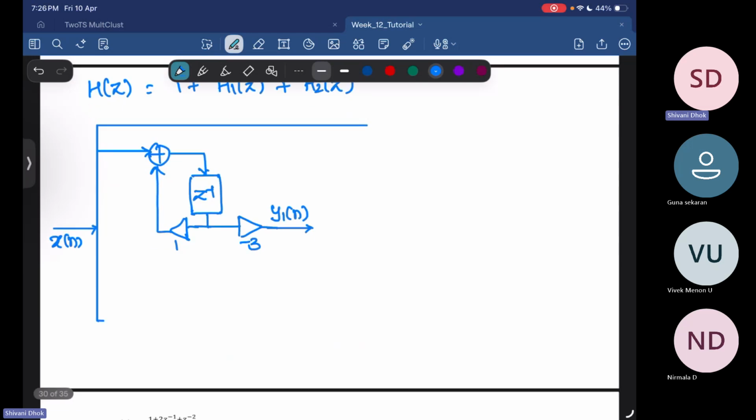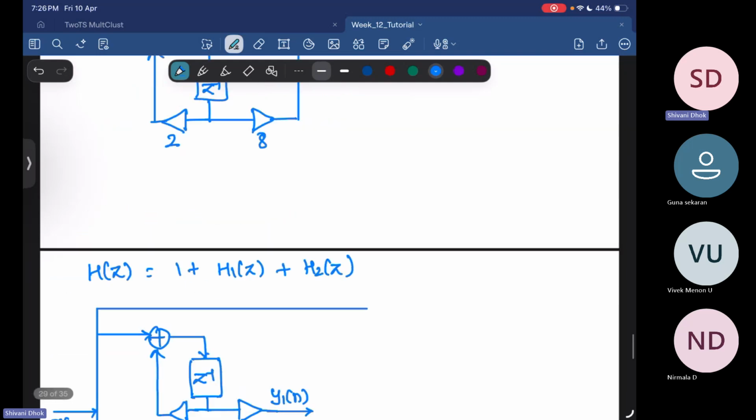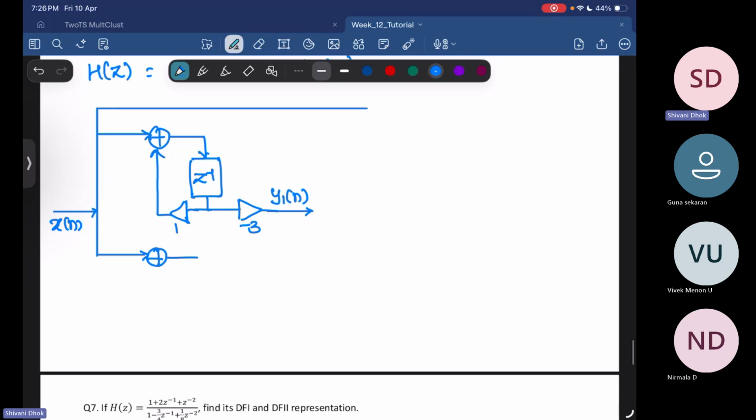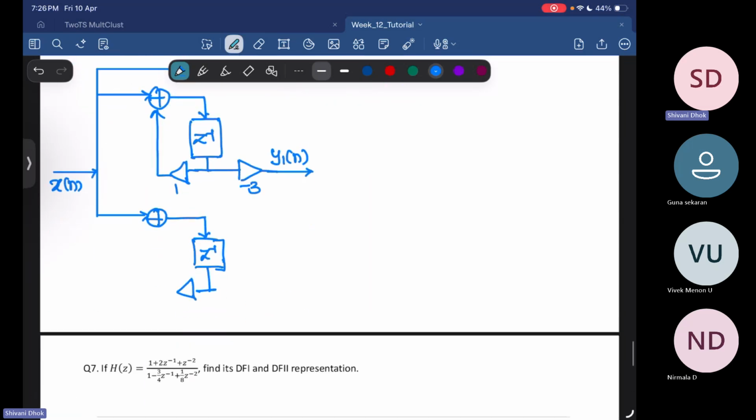Similarly, you have an adder block. Let me just pull it up a bit. You have an adder block. Now I'm generating h2 of z. Same way, z inverse. Then I have a gain block of 2 units. Again, here I have a gain block of 8, and that basically gives me y2 of n.